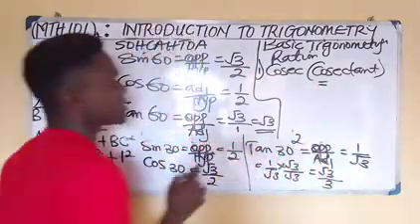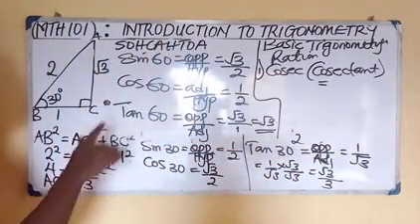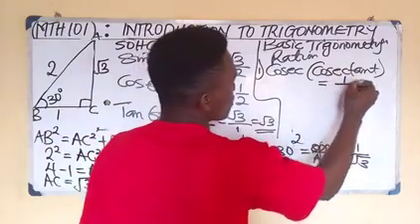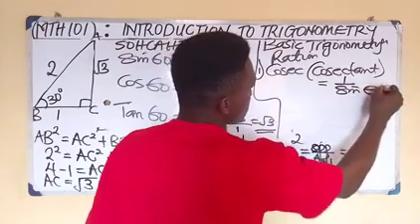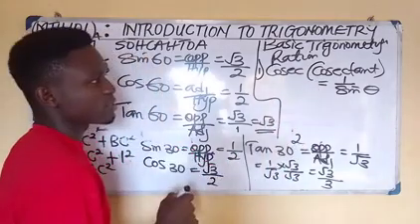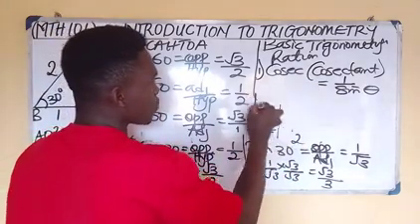And cosecant is the inverse of sine theta. So cosec or cosecant is 1 over sine theta.